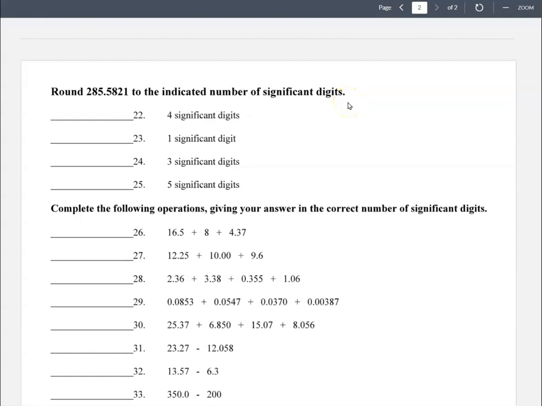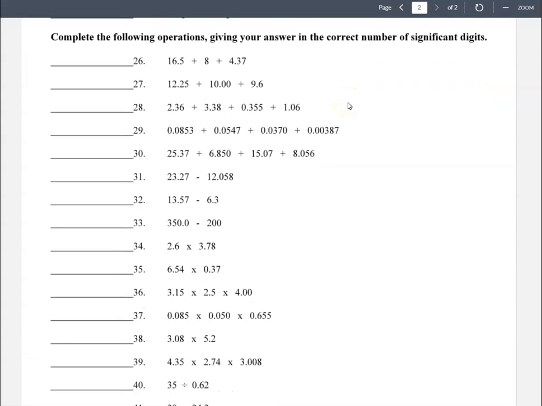Again, rounding. We've already talked about rounding for significant digits. I want to look at an example of addition, subtraction, multiplication, and division. So when we are adding and subtracting, our answer must be the precision of the lowest precision measurement. So it's all based on decimal places.